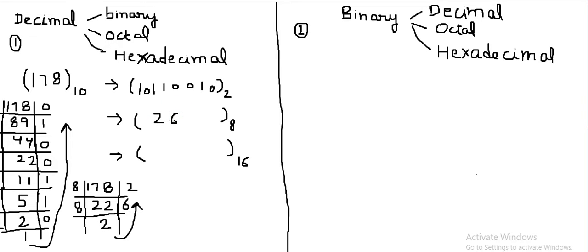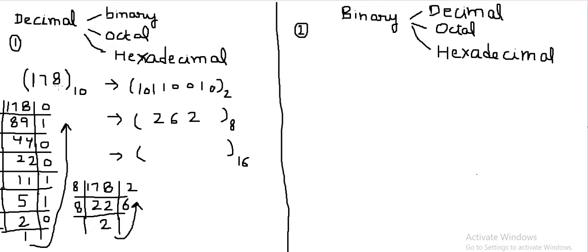One thing that we need to keep in mind here is that in binary we have only two numbers, 0 and 1. So we divide by 2 until we get 1 or 0. But when we convert decimal into octal, we divide the decimal number by 8 until we get a number from 0 to 7, because in the octal number system we have 8 digits: 0, 1, 2, 3, 4, 5, 6, 7.